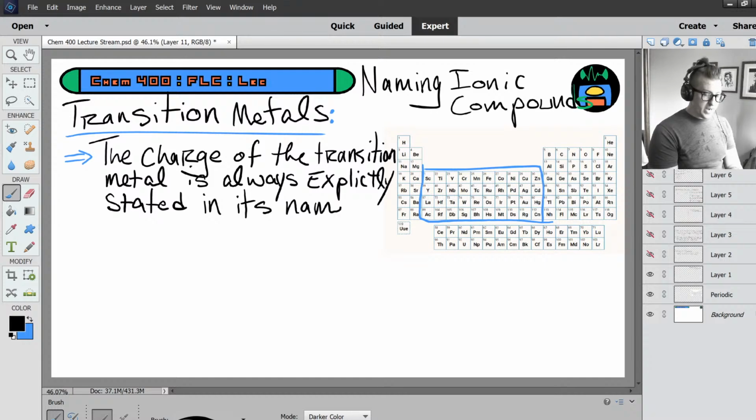Because there's no way to repeatably, reliably predict the transition metals' charges based on their position on the periodic table, we have to explicitly state the charge of the transition metal in the name when it's given.